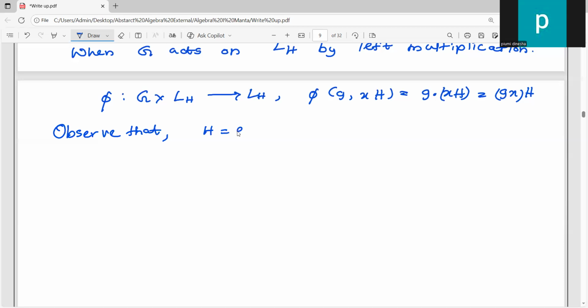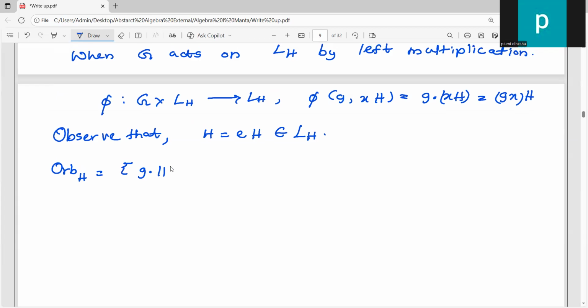H, which is simply the identity element times H, is an element in this. H is a left coset of itself, right? So let's find the orbit of H. By definition, this contains all elements g dot H, where g comes from the group.